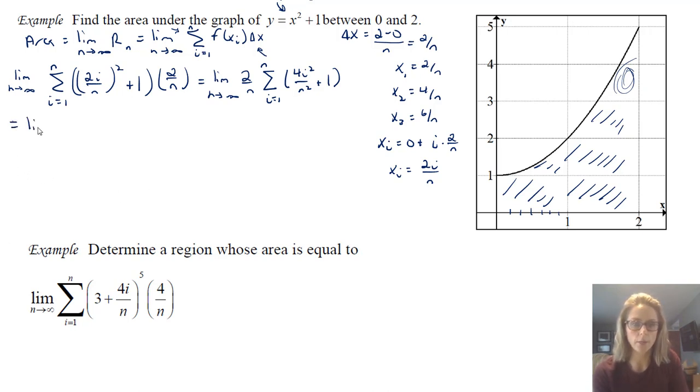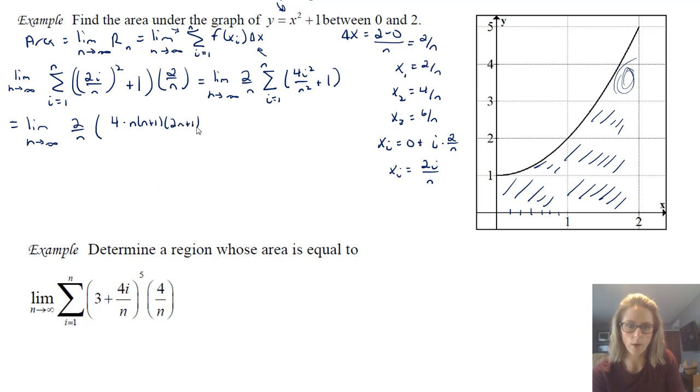And so now I'm going to come down here, the limit as n goes to infinity. So I have 2 over n, and then now I can think about what's going to happen when I change these to what we know. So I have 4, and then the sum of i squared, which we already talked about, which I just don't have memorized, but is n times n plus 1 times 2n plus 1, all over 6.